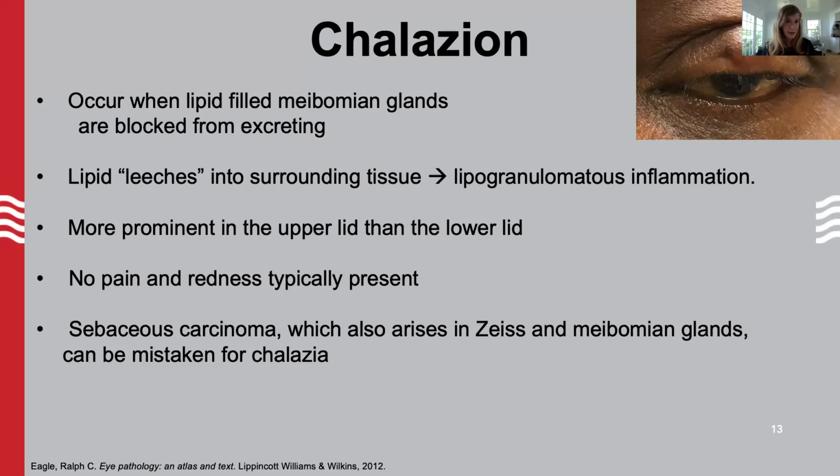Oftentimes that would be probably the number 1 confusing thing with a chalazion. Pyogenic granuloma, preseptal cellulitis for those more diffuse chalazia, and more commonly abroad than in the US, a tubercle, so Mycobacterium tuberculosis.